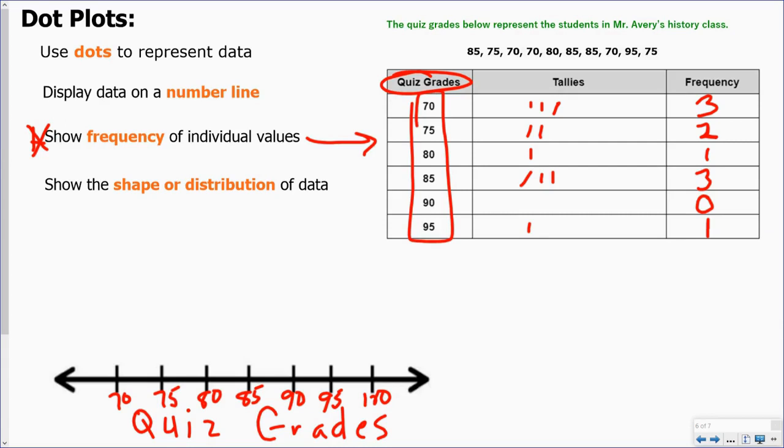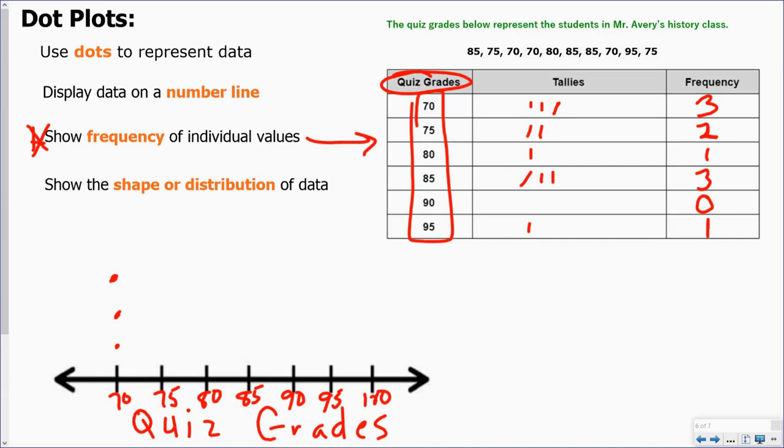Now, my frequency says how many dots I'm going to put above each number. So 70 has 3, so I'm going to put 1, 2, 3. And we want to get them in a straight vertical line, so everything's lined up nice and straight vertically.